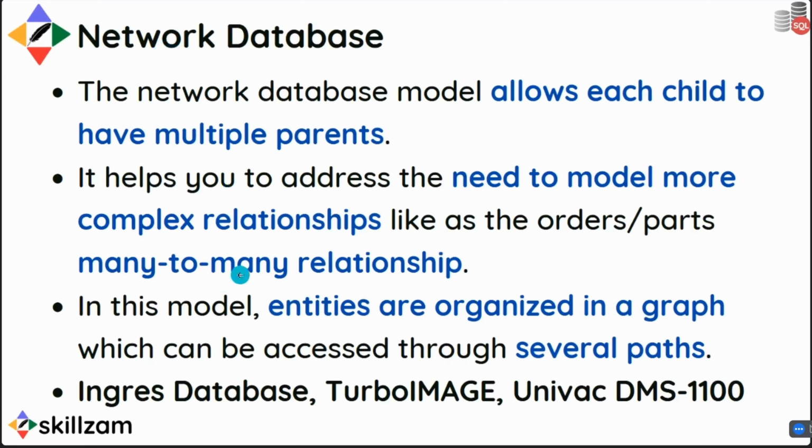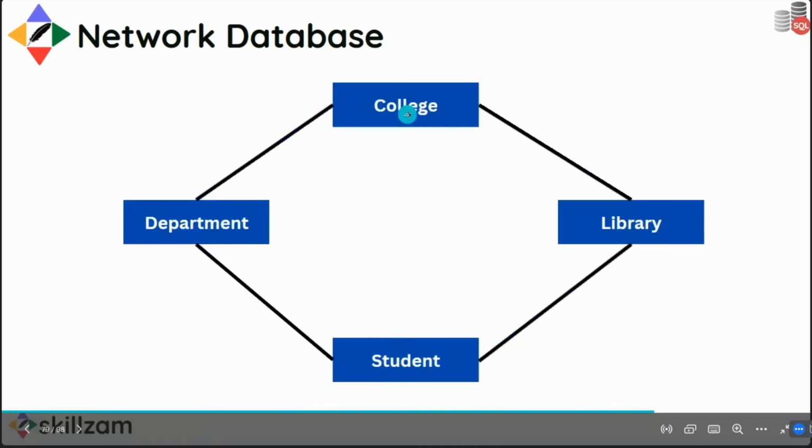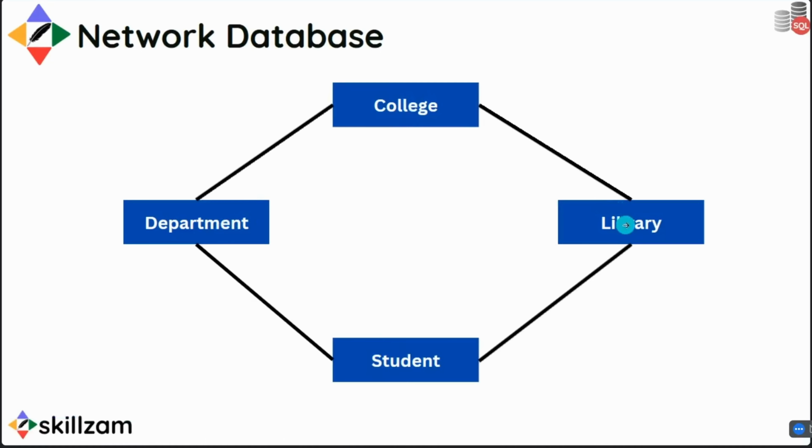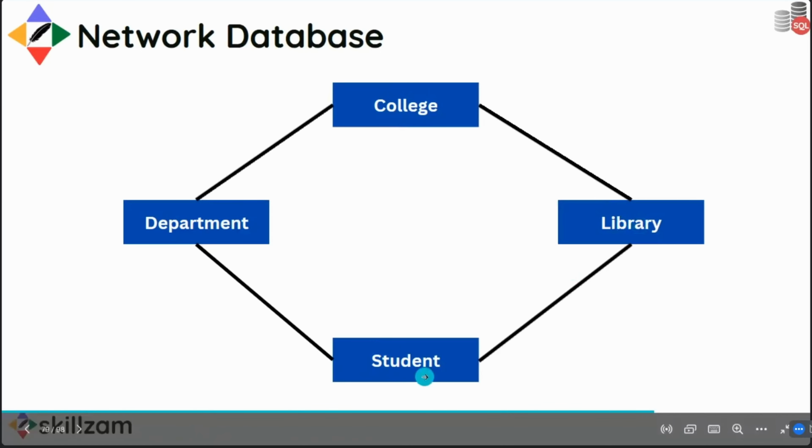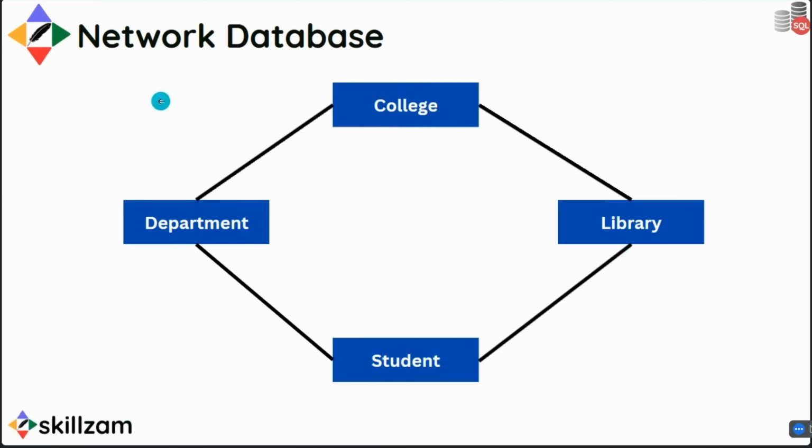Why many to many relationship? Because a child can have multiple parents, right? Like the way if you see here, a college can have department as well as library, and library can have students. All right. And even the department can also have students. All right. Now students has got two parents. All right. This is called a network database model.